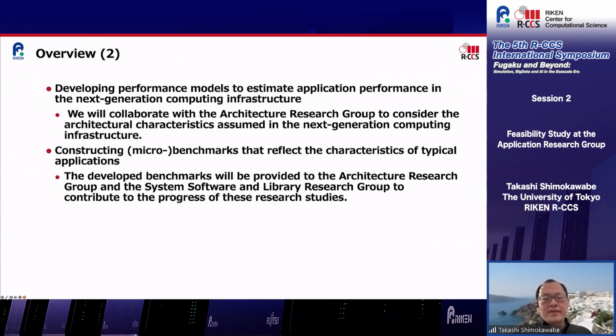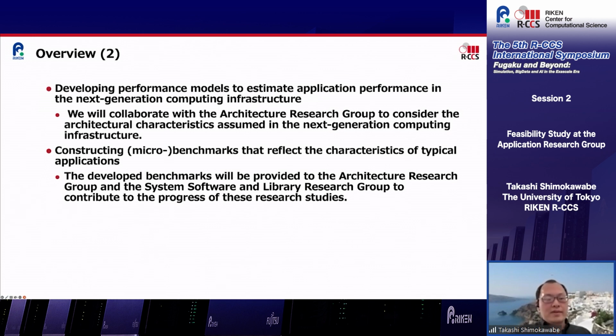After the investigation, we will develop performance models to estimate the application performance in the next generation computing infrastructure. In developing performance models, we will work with the architecture research group to consider the architectural characteristics assumed in the next generation computer infrastructure.